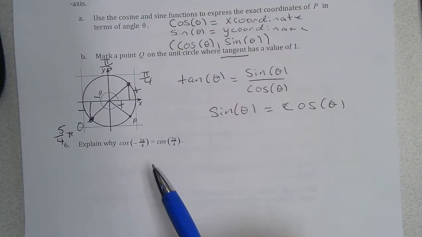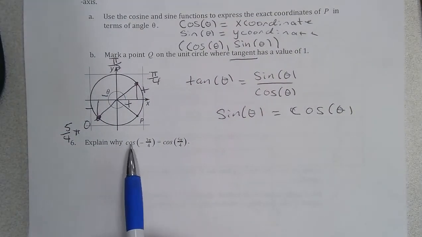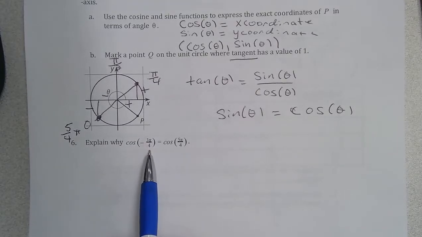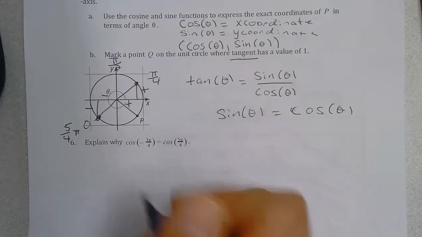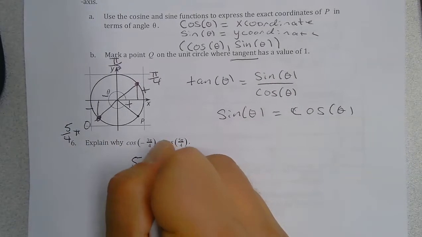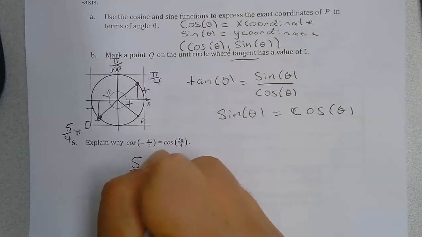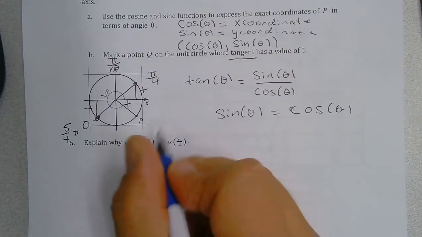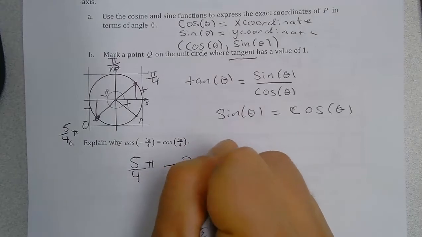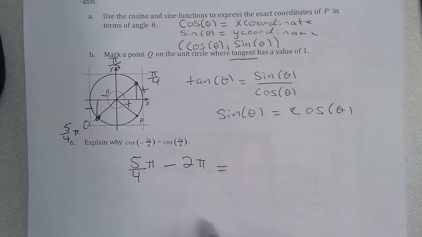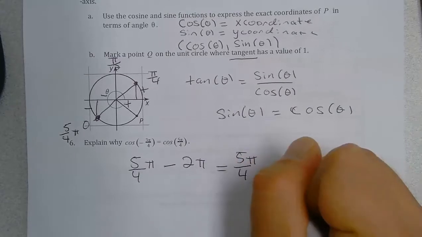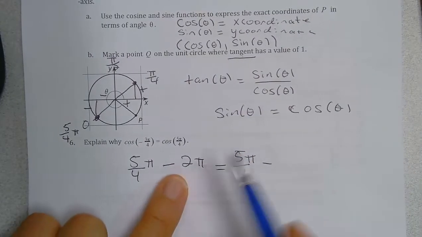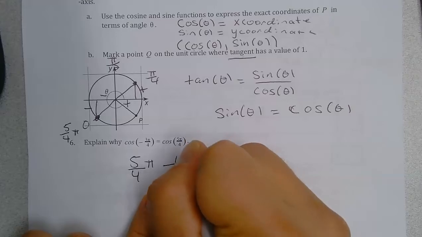So now to explain why the cosine of negative 3 pi over 4 is equal to the cosine of 5 pi over 4, what we can do is just look at the rotation. If I did 5 pi over 4, and I moved it backwards a full circle by subtracting 2 pi, this would be 5 pi over 4 minus, finding a common denominator, I multiply by 4 over 4.